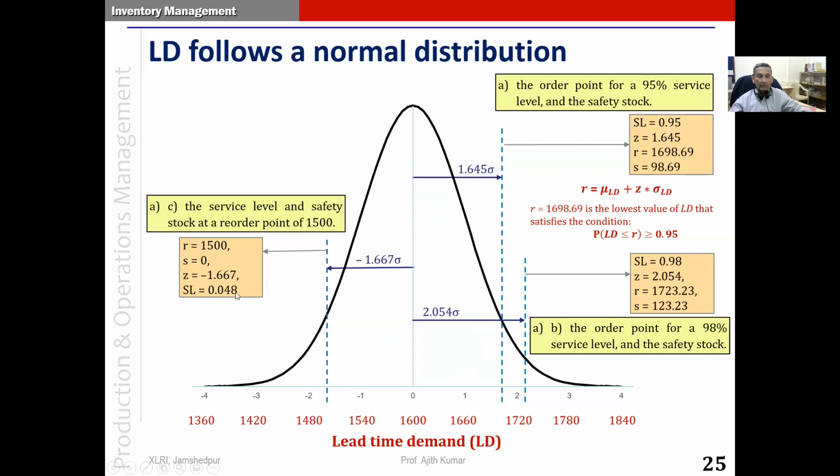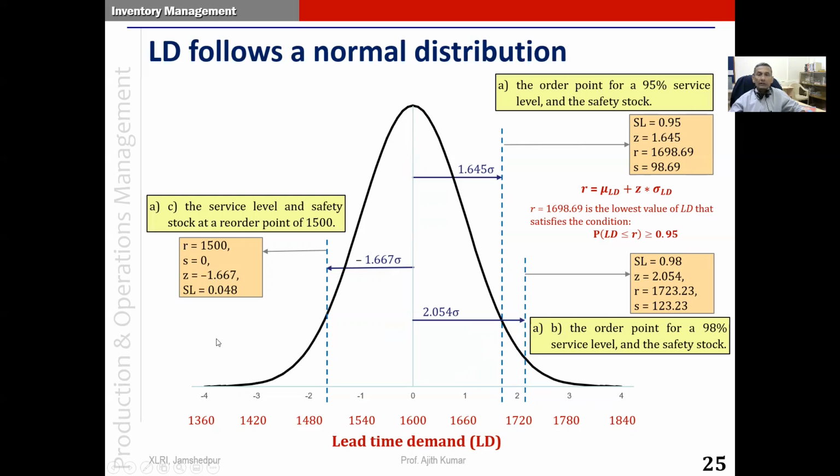And therefore, our service level would be 0.048 if our reorder point was 1500. Or putting it in other words, we would have a stock out 1 minus 0.048, or 0.952, 95.2% of the time. Only 4.8% of the time there would be no stock out in the system.